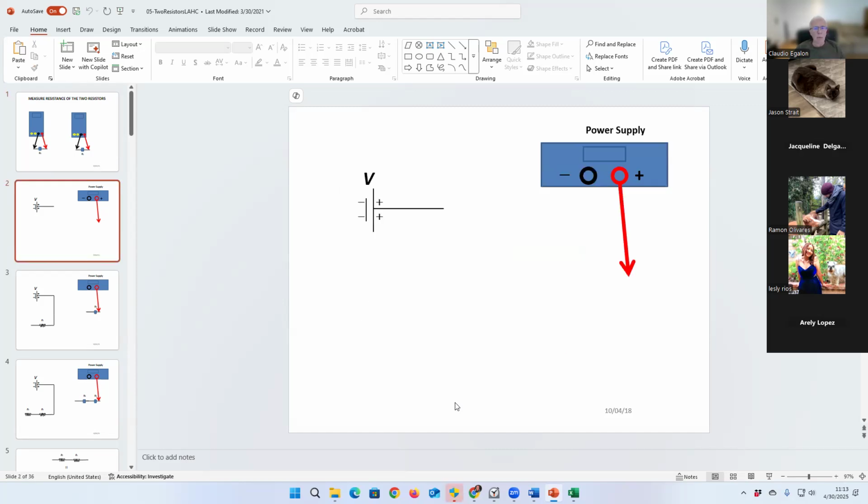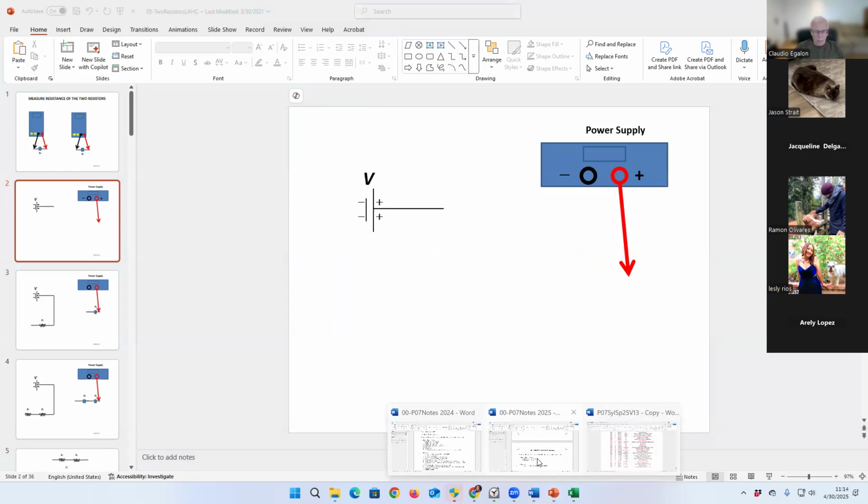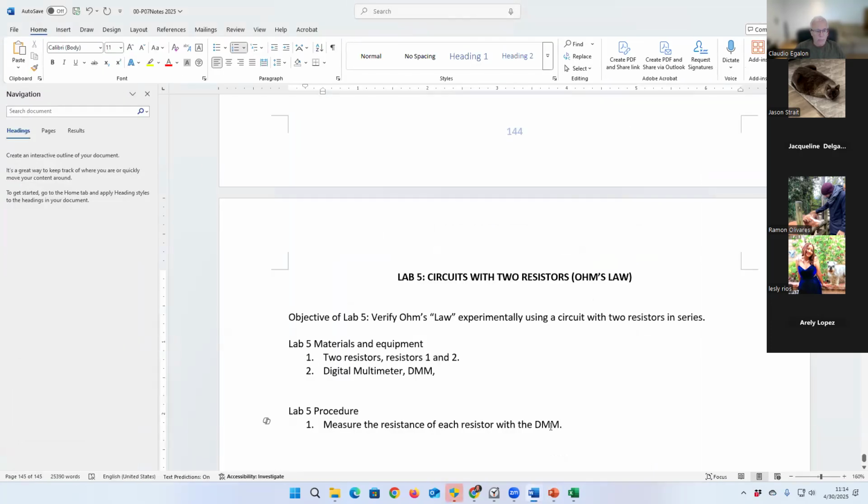In the next step, we are going to put the circuit together. We start with the power supply. Let's list the devices. Power supply.